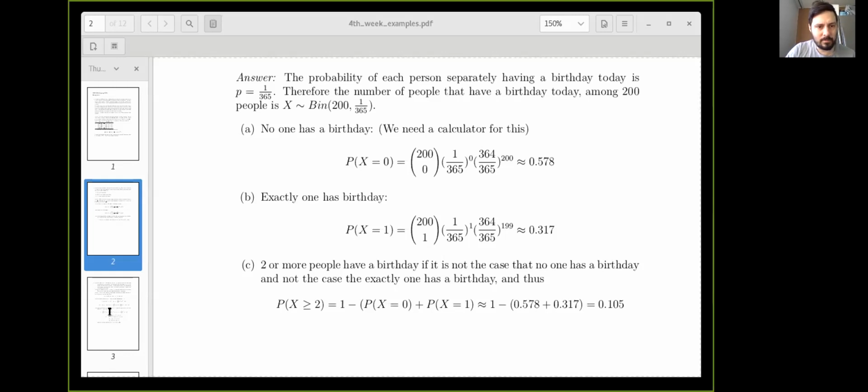There's a parenthesis missing there, which I'm going to add now. There you have it. So the probability of x being greater than or equal to 2 is 1 minus the combined probability of x being 0 and x being 1. And we calculated those, so we get roughly 0.105.